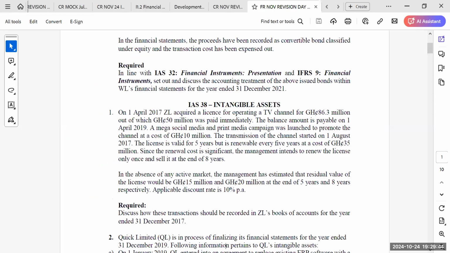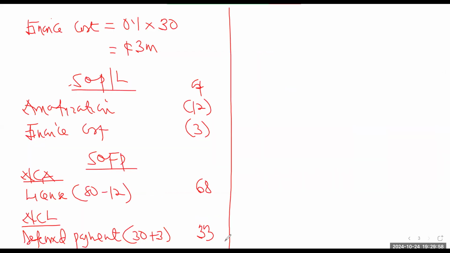If the renewal cost is... Excuse me, insignificant, sir. Yes, please. The finance cost, since we started in April, do you think it should be... Oh, sorry, that should be 9/12. Thank you. Yes, sir. So we have 9/12. What are we having? 2.5.